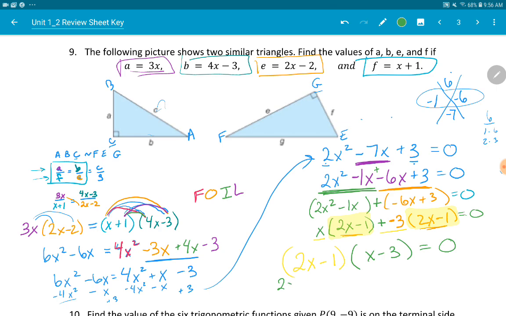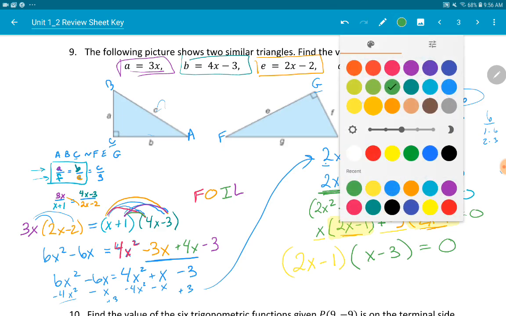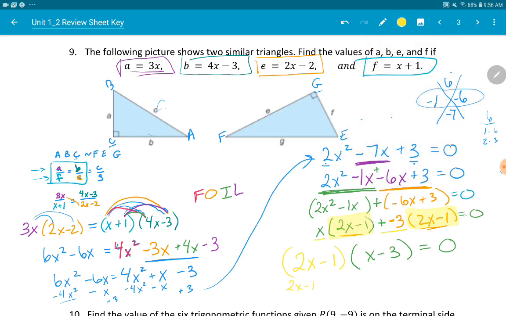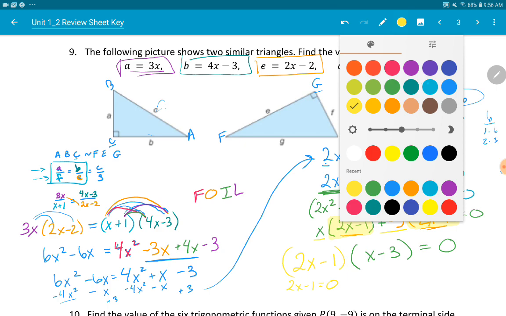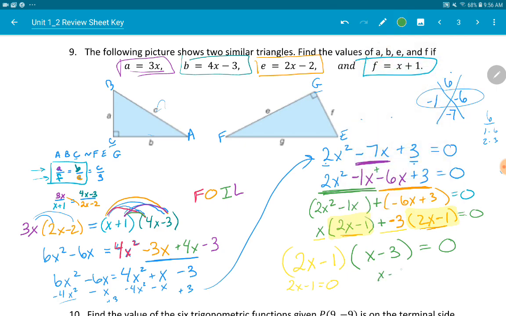So I know either 2x minus 1 equals 0, or x minus 3 equals 0. To solve for x on the right, I have x equals 3.